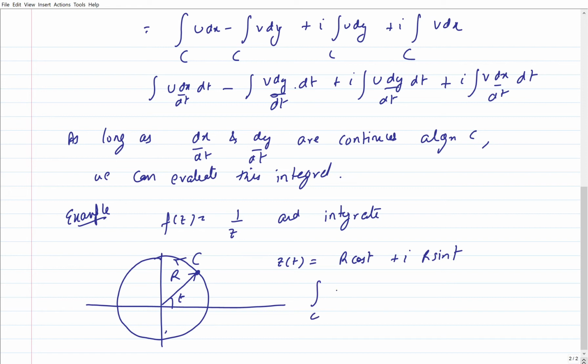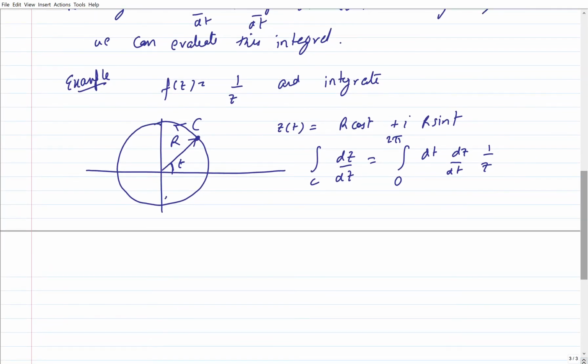and the integral of dz by z now goes from 0 to 2 pi, because t goes from 0 to 2 pi. So what do I have? This integral becomes nothing but 0 to 2 pi.